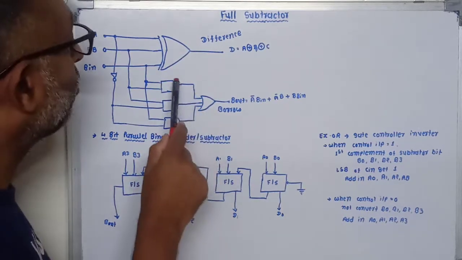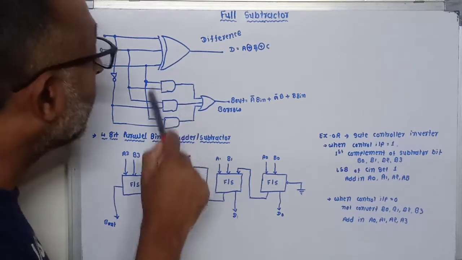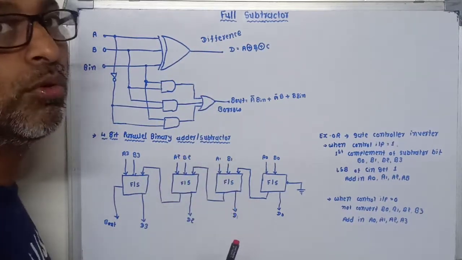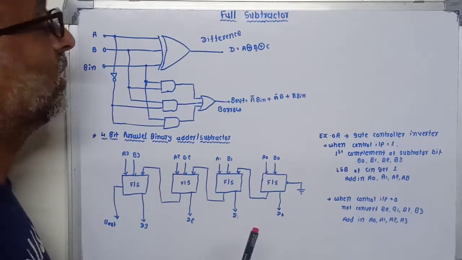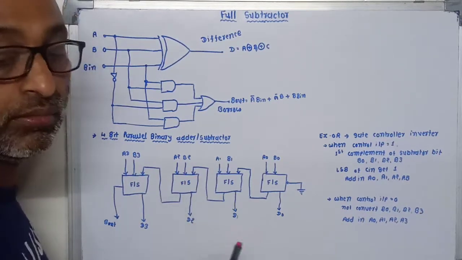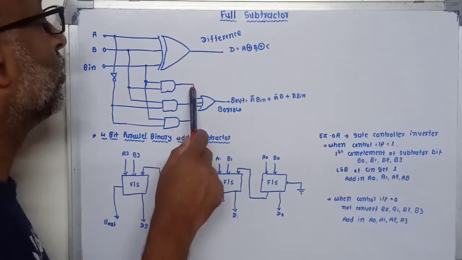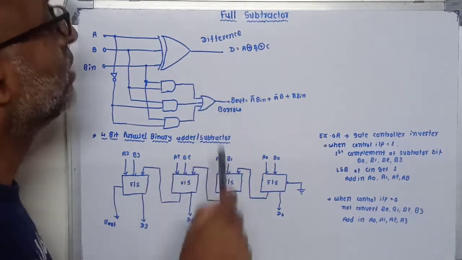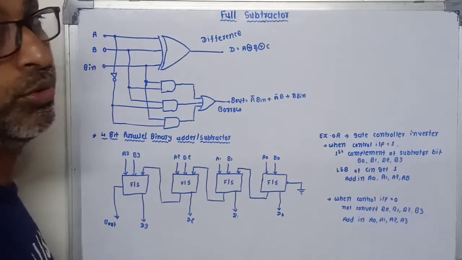Now the outputs of these 3 AND gates are given to the 3-input OR gate, which provides the addition of these three outputs. It is nothing but the final borrow out.